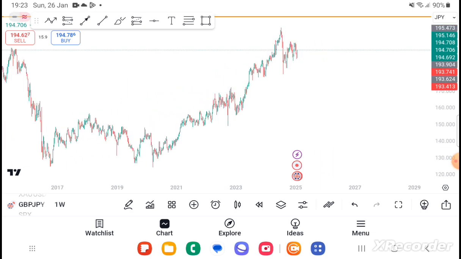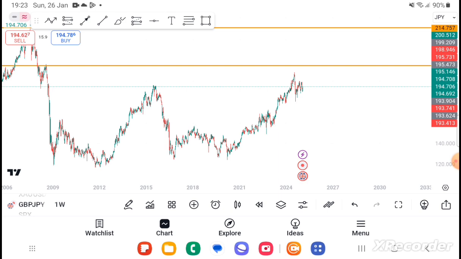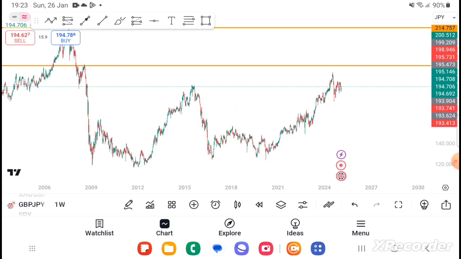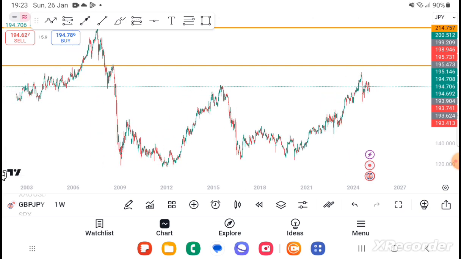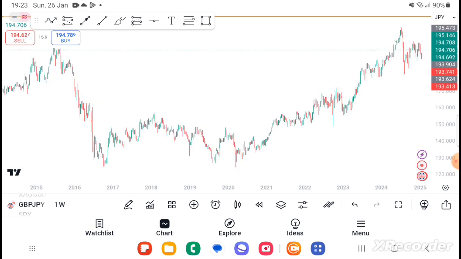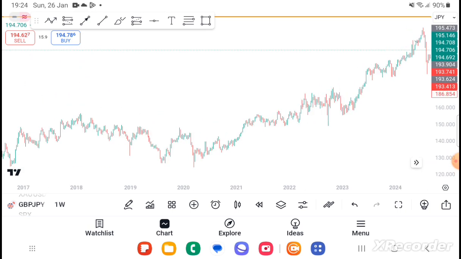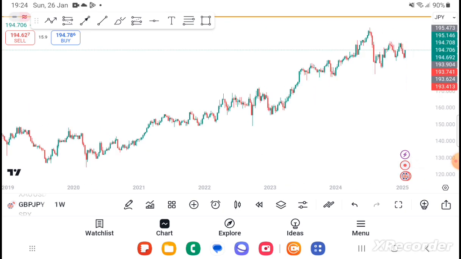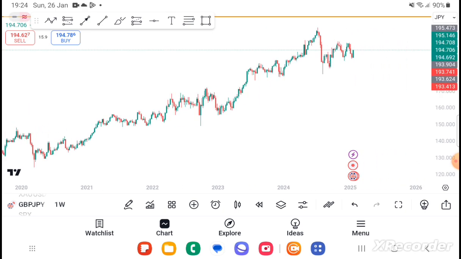We can see that price did something over here. So we have this order block here.